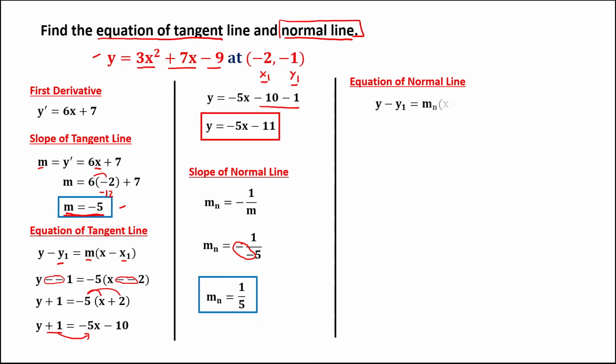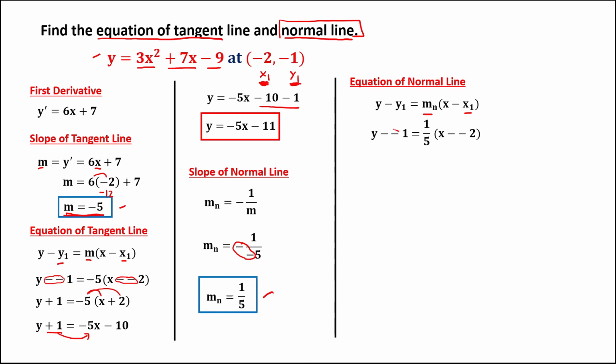Then from this slope, we can now find the equation of the normal line using this formula. Again, this is x sub 1 and y sub 1. So y minus y sub 1, that's negative 1, equals the slope of the normal line, 1 over 5, times x minus x sub 1, that's negative 2.